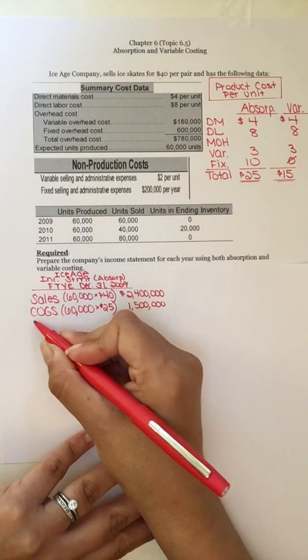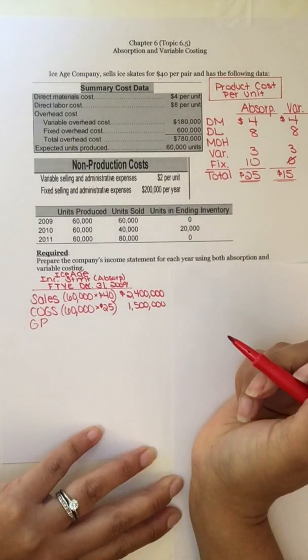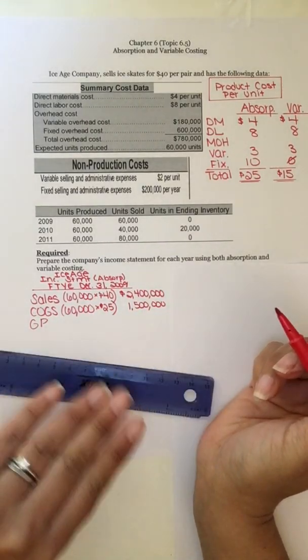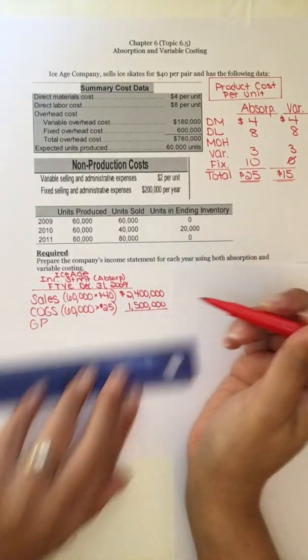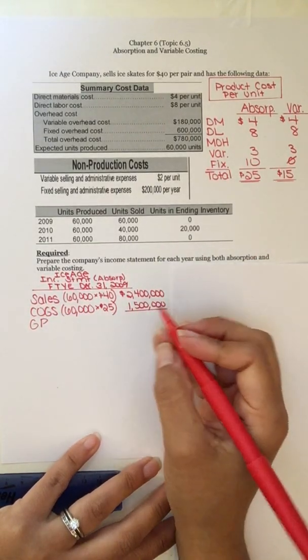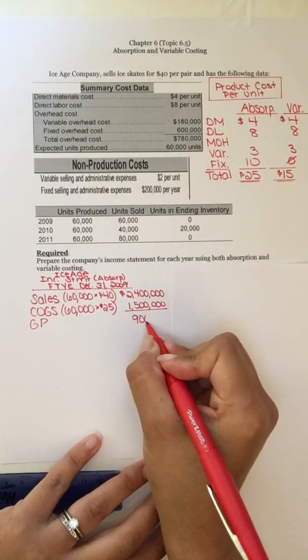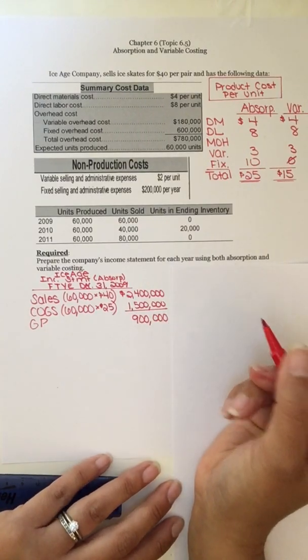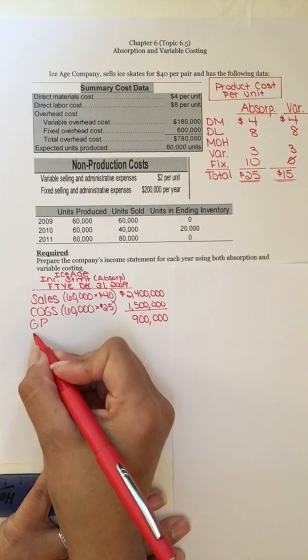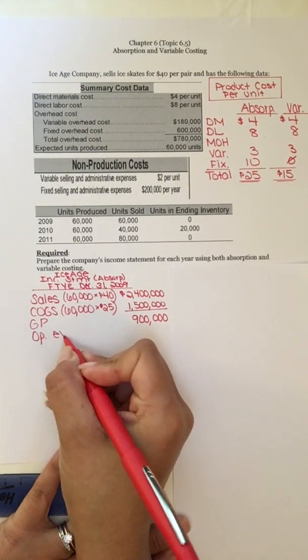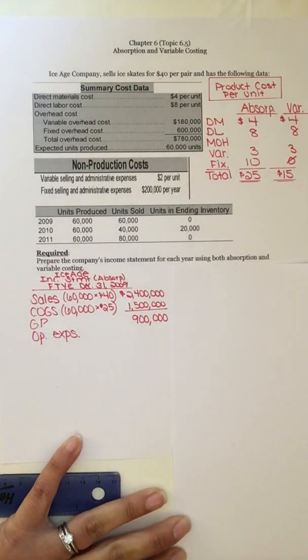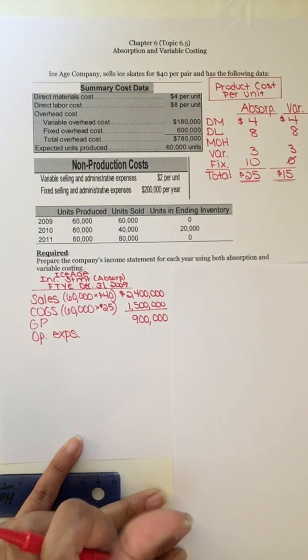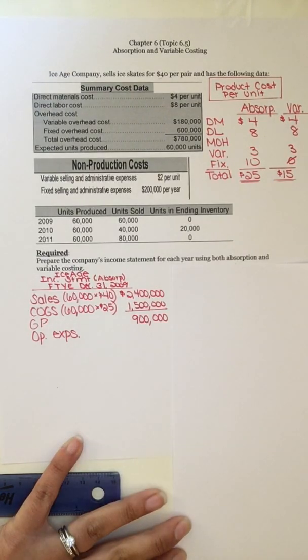Subtract that to get your gross profit, or gross margin, same thing. Gotta have a straight line there, sorry. And that gives us $900,000 for our gross profit. Continuing on, we're going to subtract our operating expenses. We know operating expenses are selling, general, and administrative.